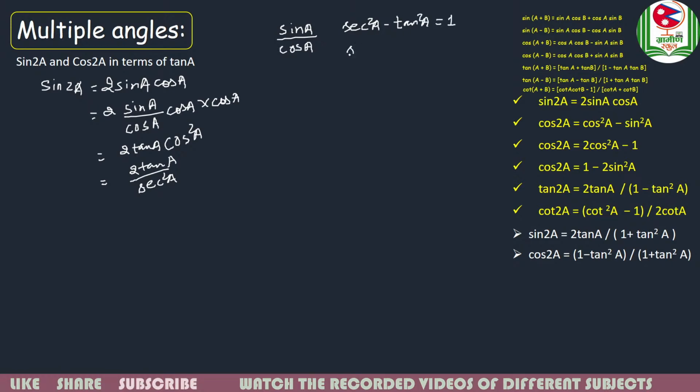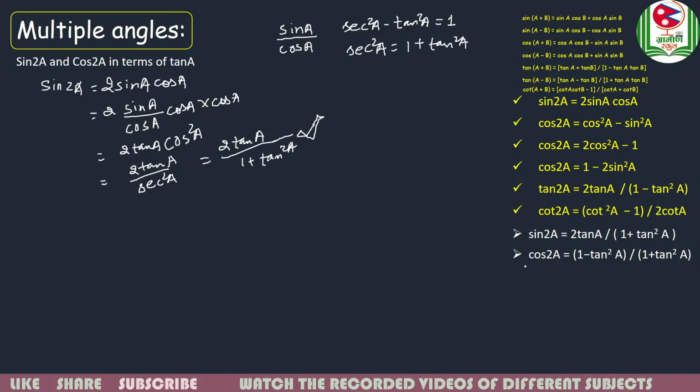So sec square A can be written as 1 plus tan square A. So the result is going to be 2 tan A upon 1 plus tan square A. So this is the required form of sin 2A in the form of tan A.